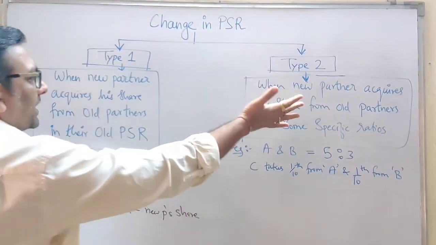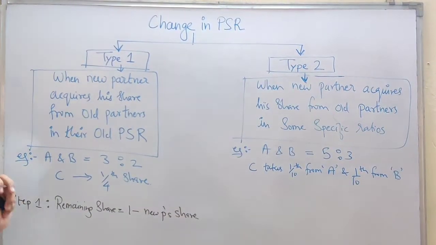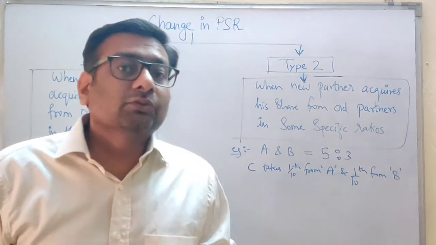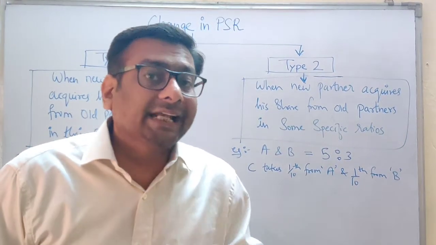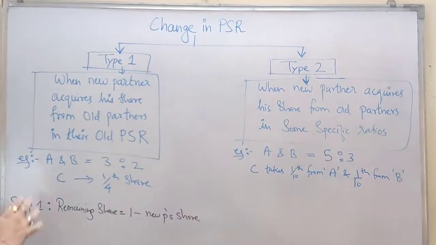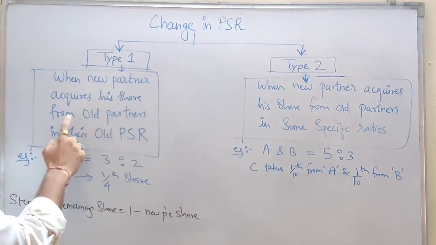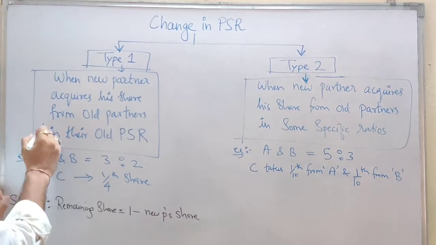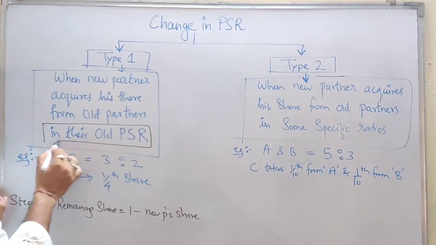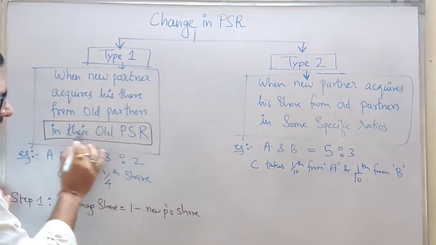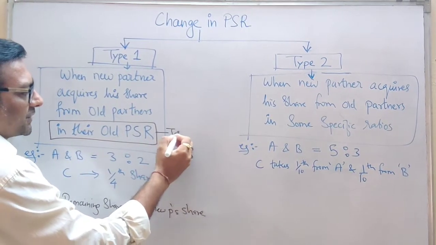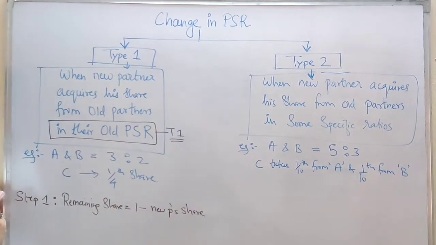Now for this there are two types of sums, students. You will have to read the question carefully to decide which type they have given in the exam. Type 1 is when the new partner acquires his share from the old partner in their old profit sharing ratio. This will tell you that this is type 1.